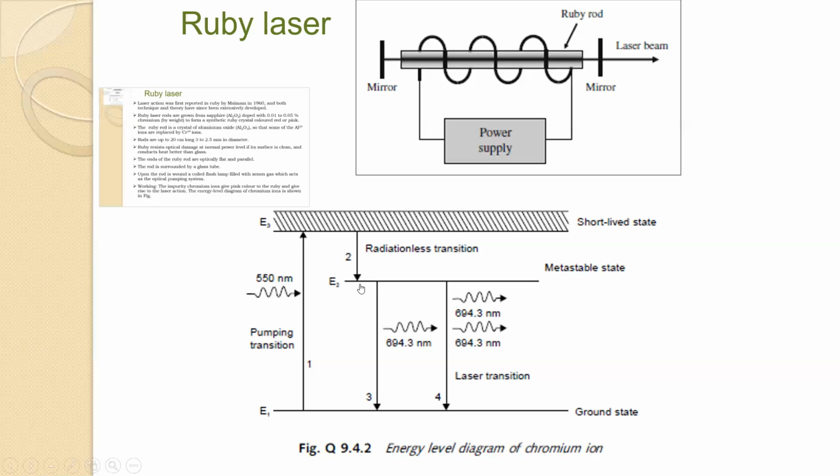Then there is a chance of stimulated emission and spontaneous emission. Let us consider spontaneous emission. Spontaneous emission means that it occurs without any external triggering. Only one photon is emitted. Then consider that by spontaneous emission, a photon is emitted.